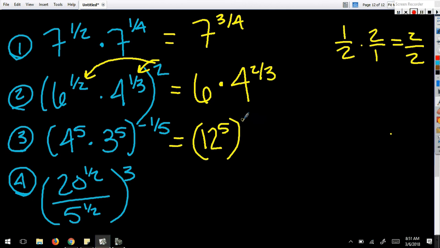If you combine the base, you multiply it, whatever operation it says. Now I've got a power to a power, and what do I do when I have a power to a power? Multiply, exactly. So 12 to the negative 1, and uh-oh, it's a negative exponent, which means it does what? You throw it under 1. Yes.